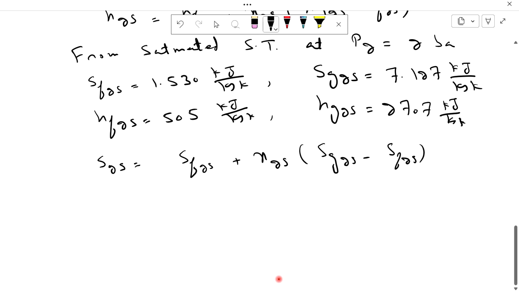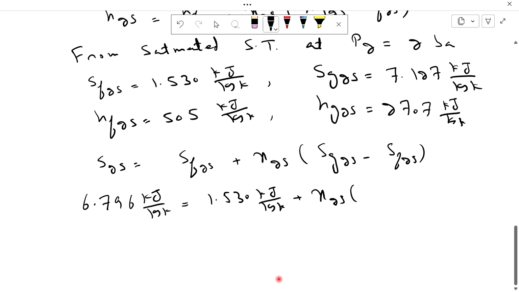Putting values in this equation, S2S is equal to 6.796 kilojoule per kilogram per Kelvin, SF2S is equal to 1.530 kilojoule per kilogram per Kelvin, and SG2S is equal to 7.127 kilojoule per kilogram per Kelvin minus SF2S, which is 1.530.